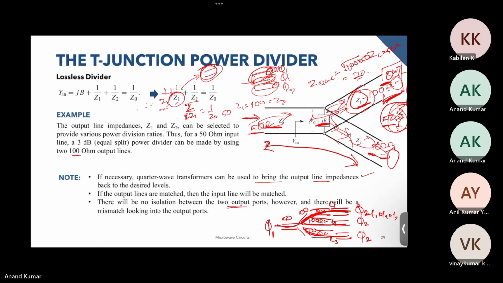The total length traveled by the wave from port P1 to P2 should be equal to the total length traveled from P1 to P3 and P1 to P4. So this total length should be the same for all the ports. If that is true, then we will receive the same phase between these ports.